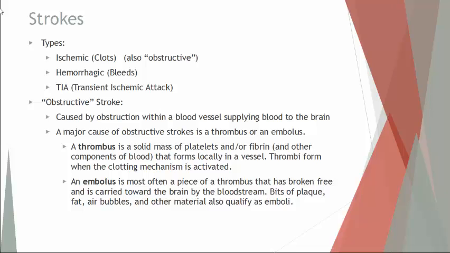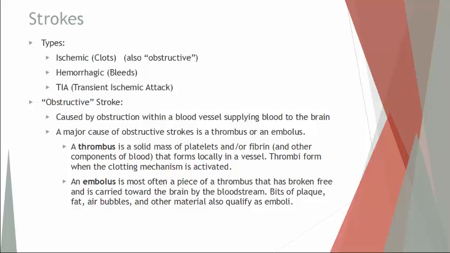Transient means able to move around. Ischemic attack, you have a clot, but it is kind of free floating, so it causes a small problem. It's just a mini stroke. It obstructs the blood flow for a little bit. It's not stationary in one place, causing an obstructive clot or an obstructive stroke.